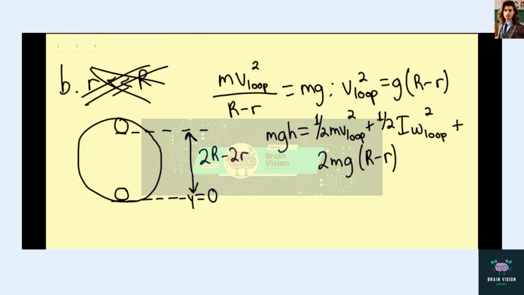So that would essentially be the gravitational potential energy at the top of the loop, since we cannot make that assumption anymore. We cannot make the assumption that the radius of the marble is negligible compared to the radius of the loop. However, all of these calculations are the exact same.